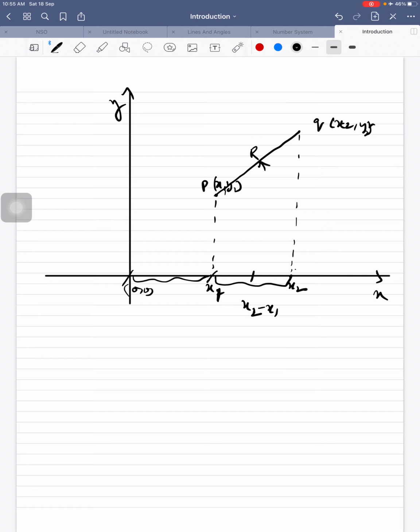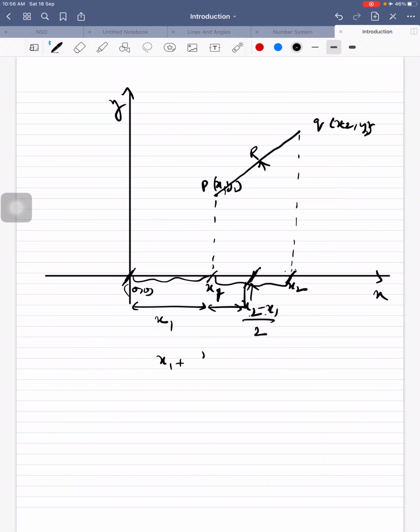Half of this particular length, so this is by 2. But always we measure the length of this point from the origin. So from here to here is x1, from here to here is x2 minus x1 by 2.